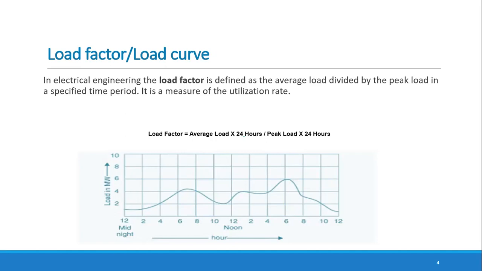As you can see in this picture, there is a graph showing our load, and the time is from 12 midnight to 12 in the morning. So the 24-hour load curve shows at which instant how many megawatts of energy are being consumed, and this also shows what a load factor is, a basic idea of what load factor is.